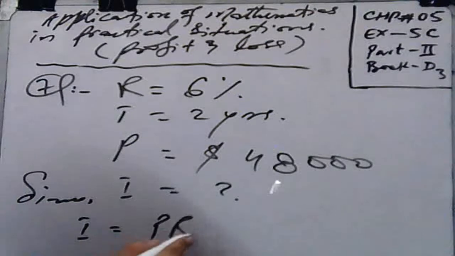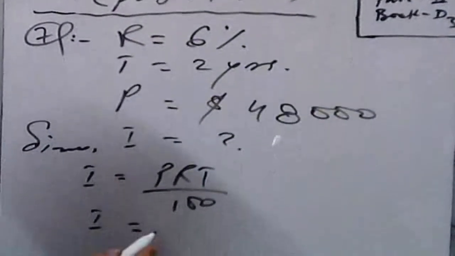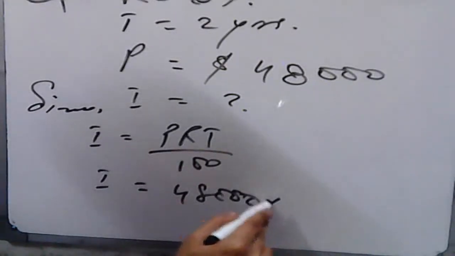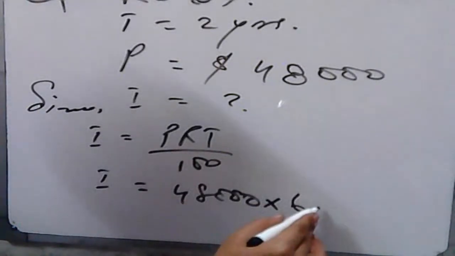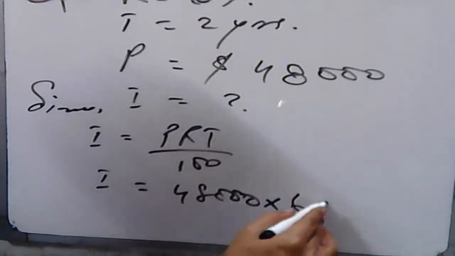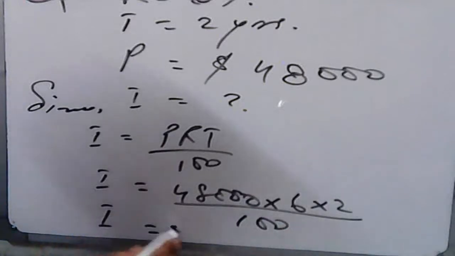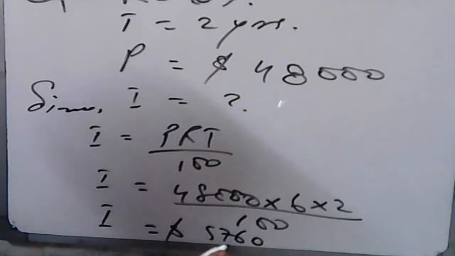So putting the values, principal amount 48,000 multiply by rate of interest 6% and then multiply by 2 because time period is 2 divided by 100, and after simplification you will get $5760 with the help of calculator. So that is your required result.